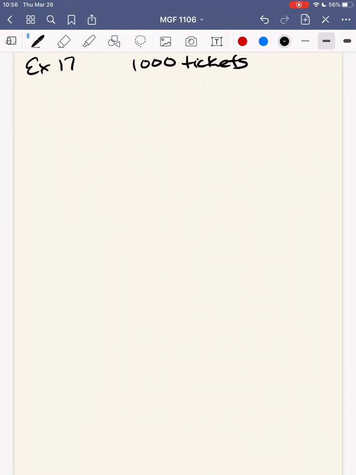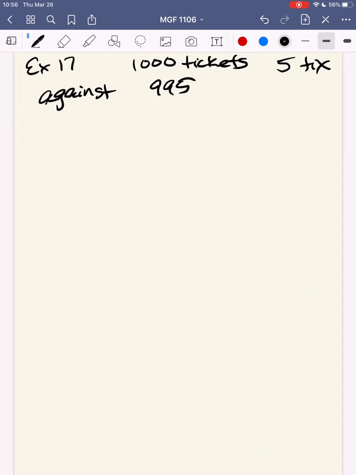What are the odds against you winning the scholarship? So I bought 5 of the 1,000 tickets, so 995 tickets are against me. Those other 995 are me not winning.